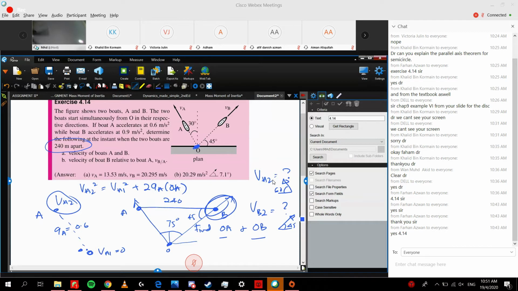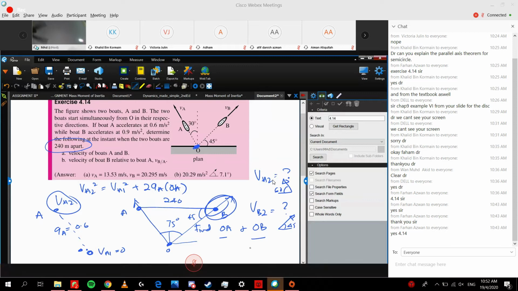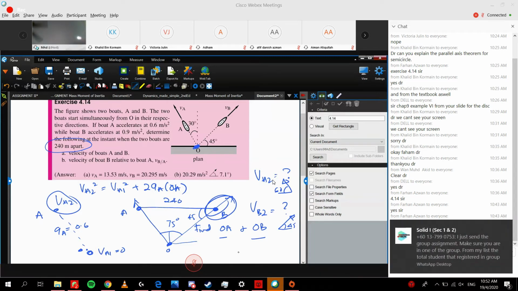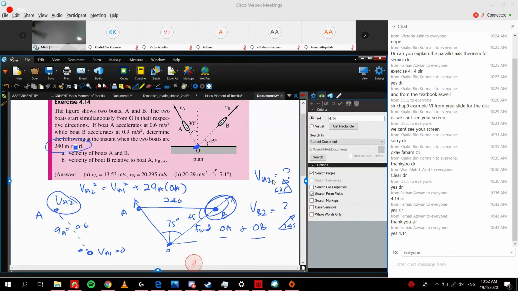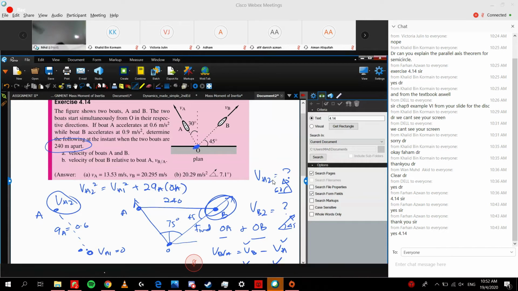Knowing these two, then you can use relative velocity analysis. This is asking you about velocity of boat A, velocity of boat B, velocity of B relative to A. So the velocity of B relative to A is VB minus VA. You know the magnitude and the direction as well, so you should get your VBA. Is it clear, Kapil?